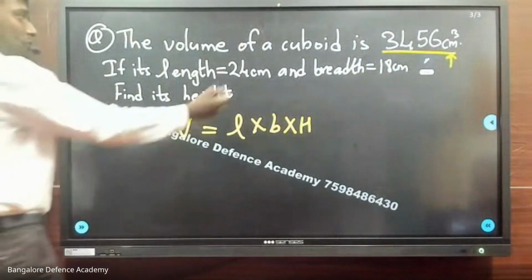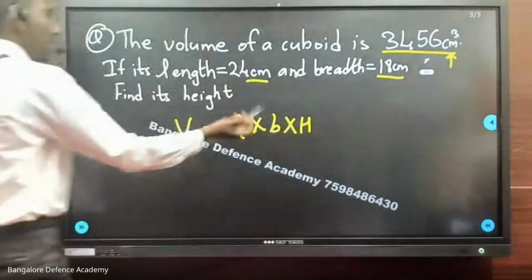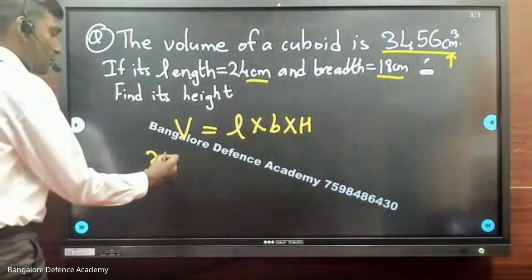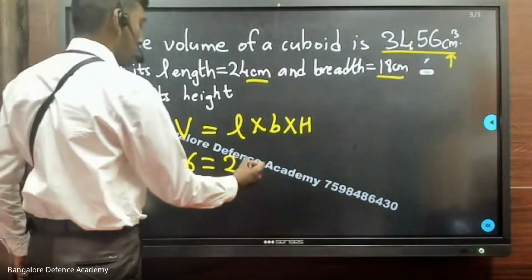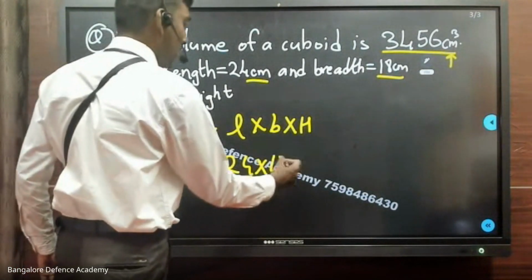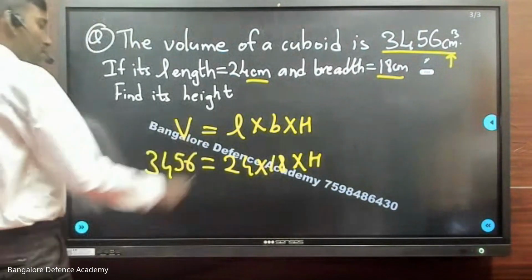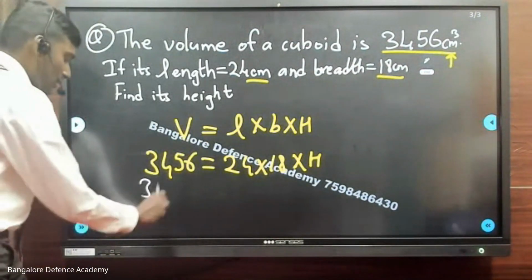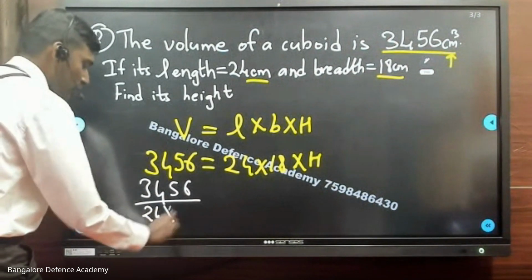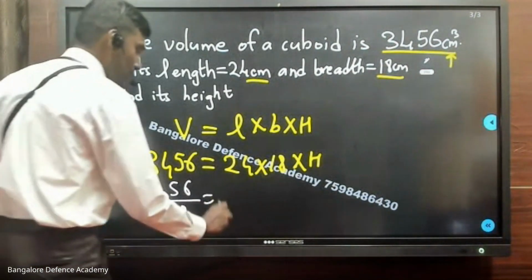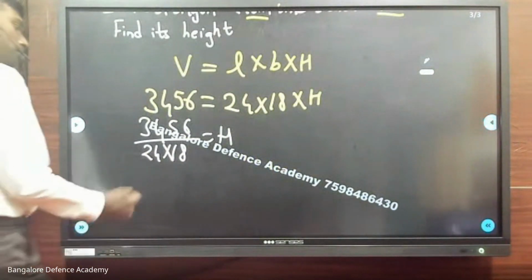So write down 3456 is equal to 24 into 18 into h. You have to find the height. Now divide everything. You get 3456 divided by 24 into 18 is equal to height. How much you got? 8.